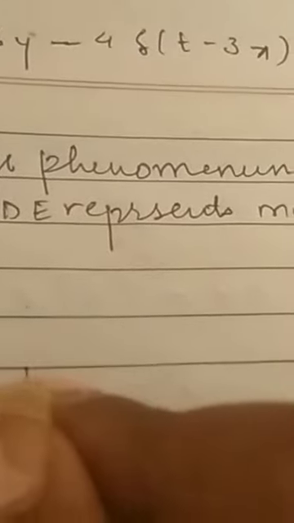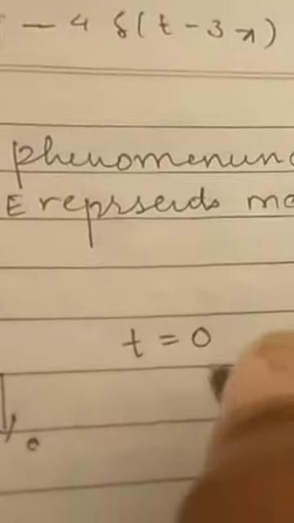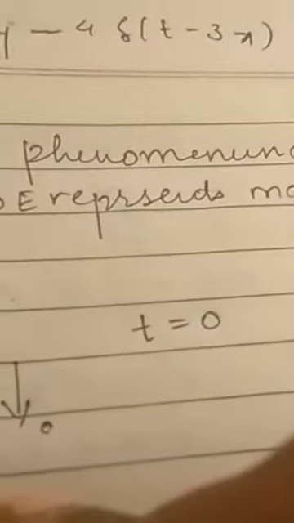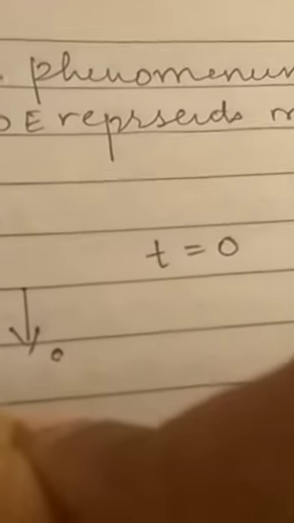Here we can think that there are multiple spring systems, but for instance we are considering just a single mass system. When the spring at the instant t equal to 0 is released, the mass m experiences an impulsive force.